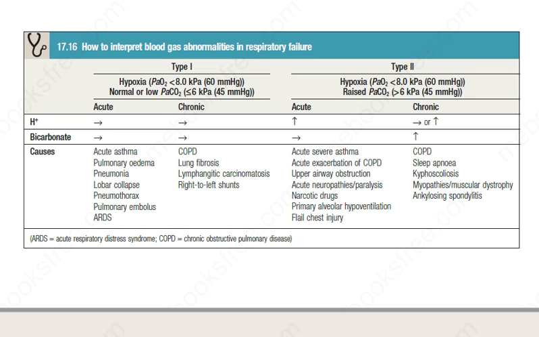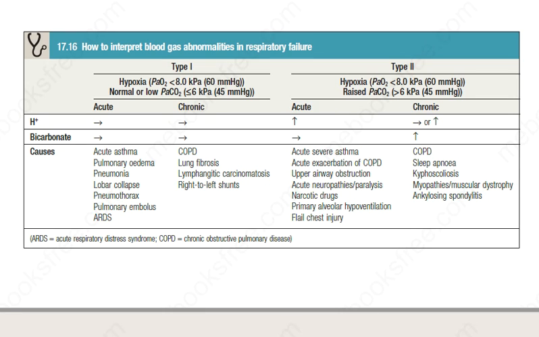In acute type 2 respiratory failure, hydrogen ion increases, bicarbonate is normal. The causes are acute severe asthma, acute exacerbation of COPD, upper airway obstruction, acute neuropathies or paralysis, narcotic drugs, primary alveolar hypoventilation, flail chest injury.